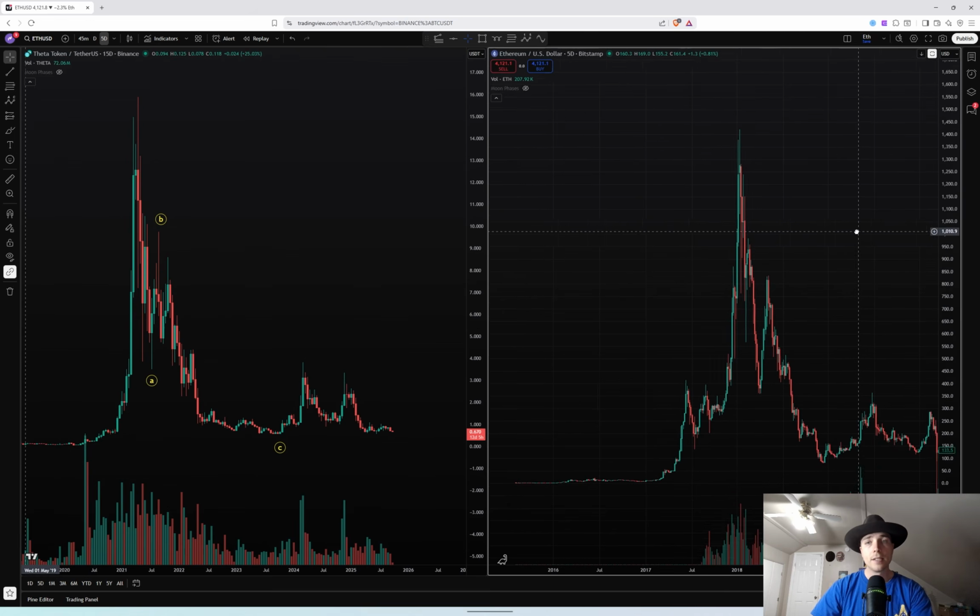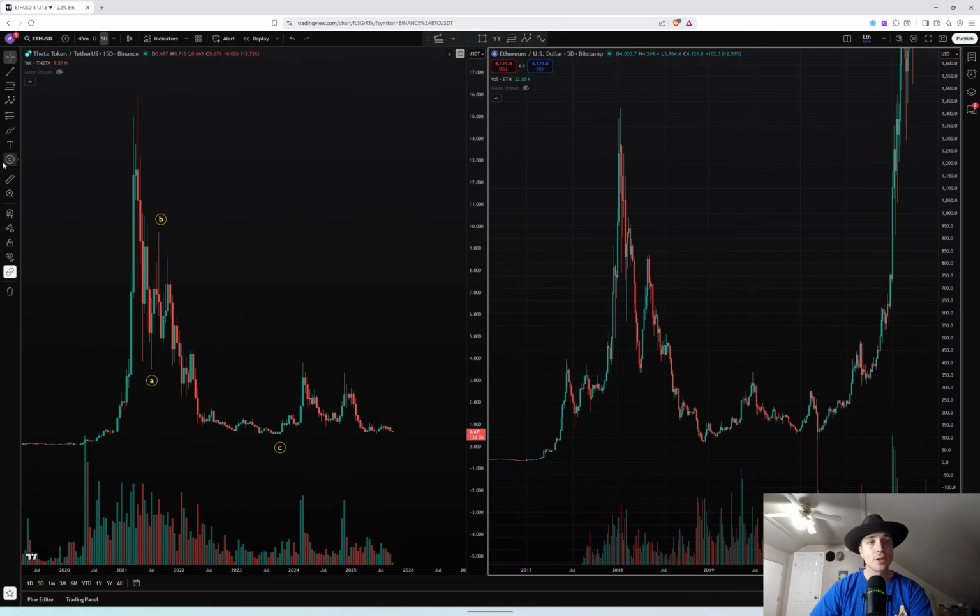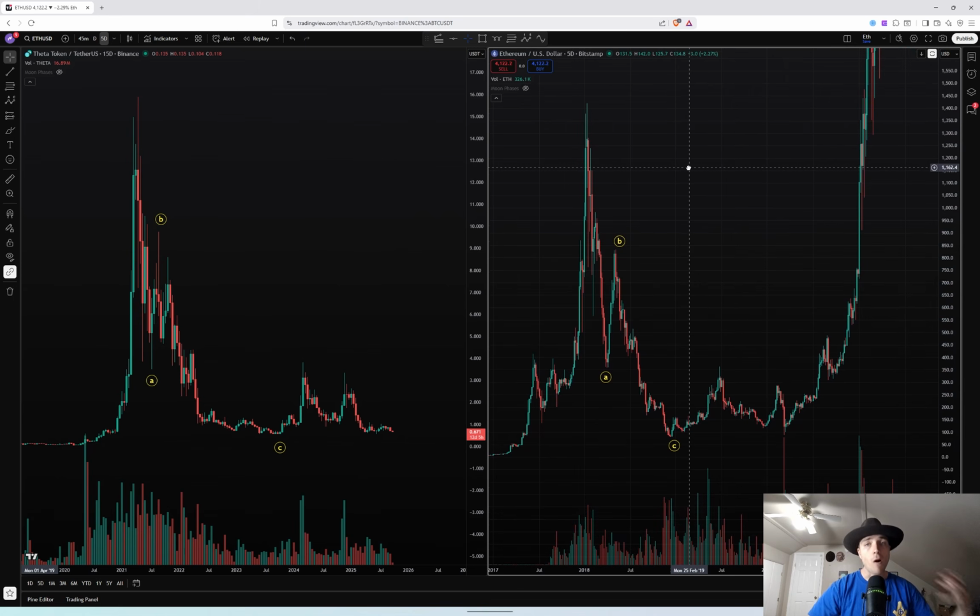Another really good example of this zigzag correction is Ethereum over here on the right. As you can see, a huge zigzag correction happened on Ethereum in 2018 before it went parabolic all the way to a new all-time high in 2021. So it's really the same pattern happening over and over again in the crypto markets.